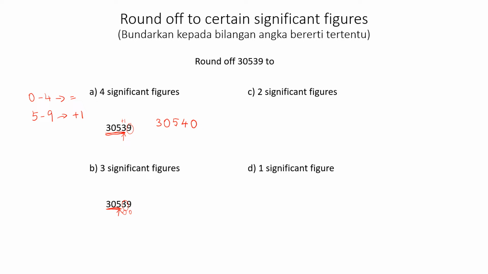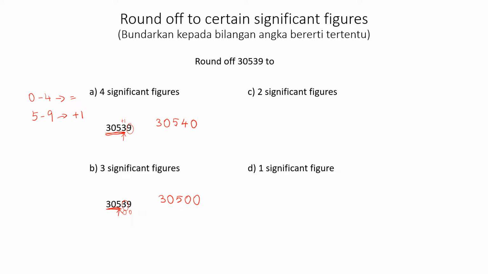Since 3 is less than 5, the number 5 remains unchanged. So the 3 significant figures are 3, 0, 5, and 2 zeros here.